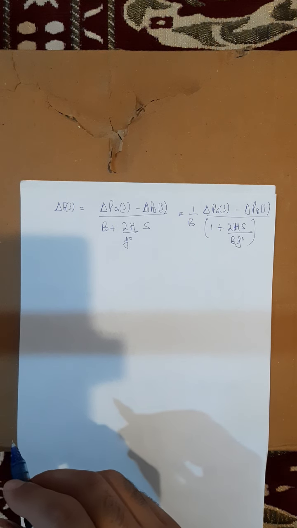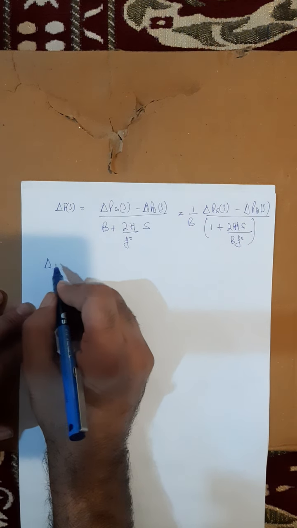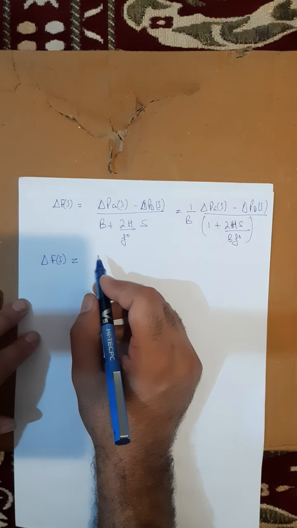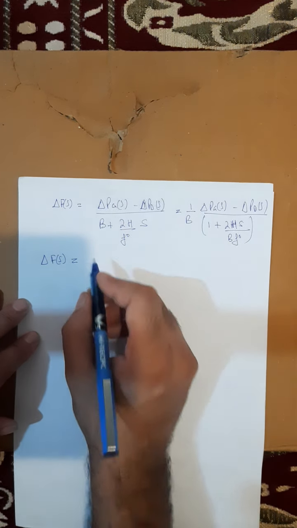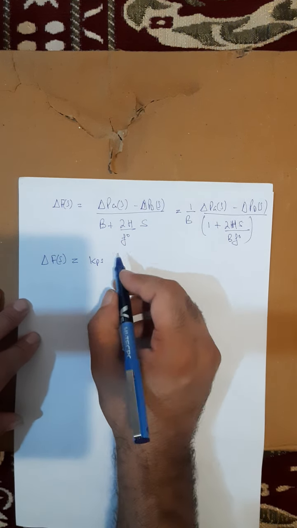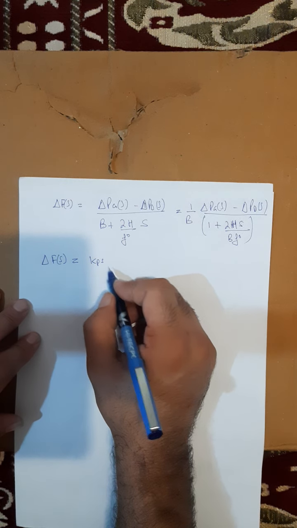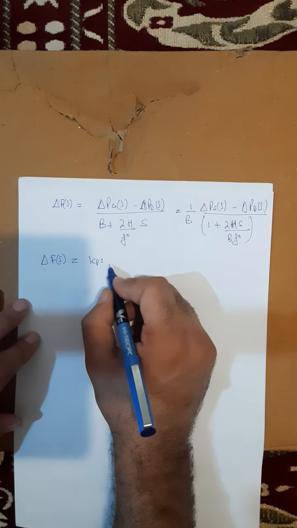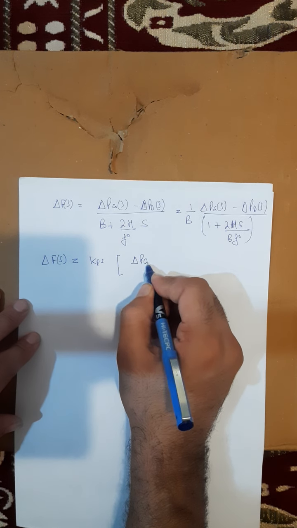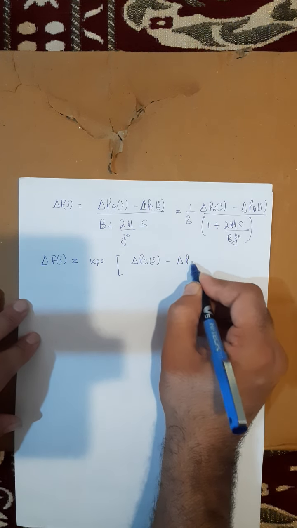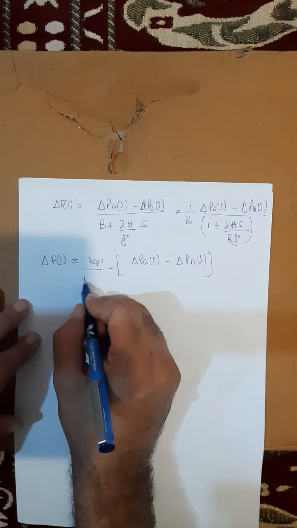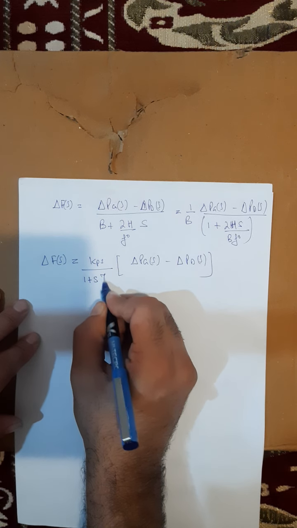So delta F(s) I will write now, replacing this by some terms. 1 by B is nothing but KPS, the gain of the generator or power system as a whole. What I am left with is delta Pg(s) minus delta Pd(s), divided by 1 plus S into TPS.